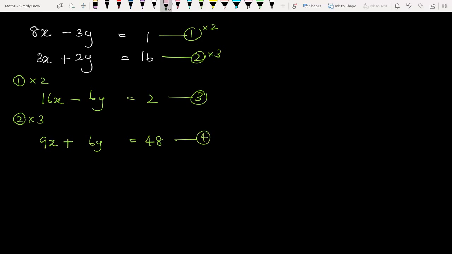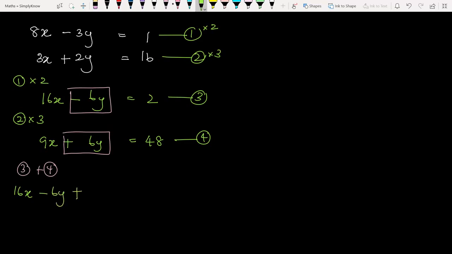Now we see that the coefficients of y are the same and the signs are different. That means we need to add 3 and 4 in order to eliminate y. So 16x minus 6y plus 9x plus 6y equals 2 plus 48.